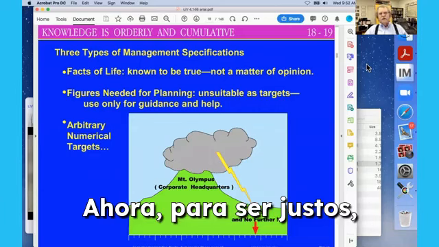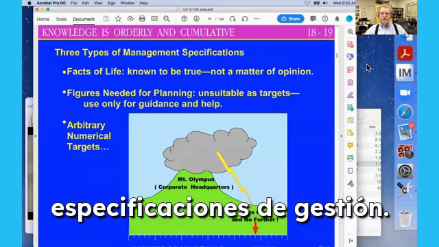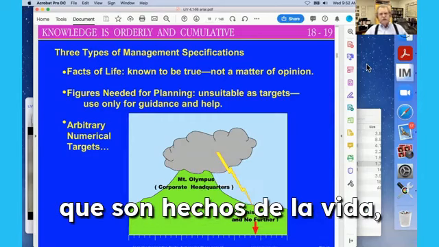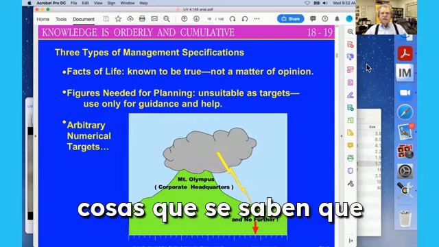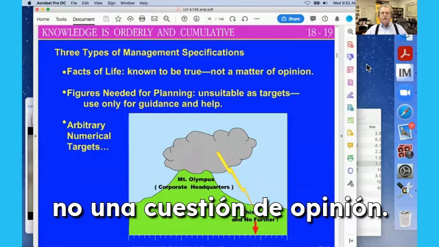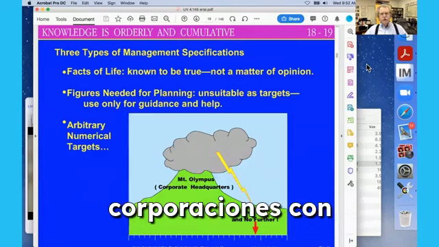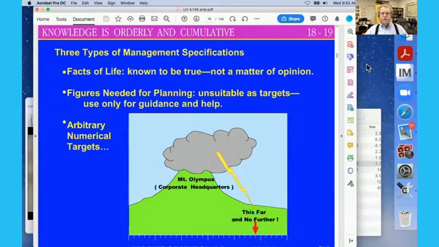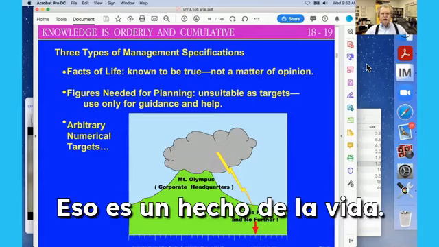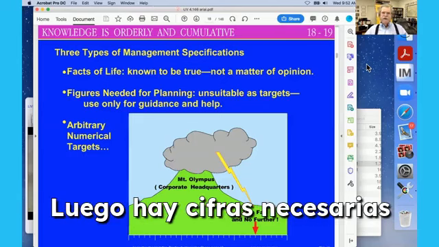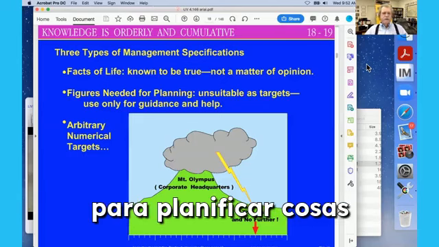Now, in all fairness, there are different types of management specifications. There are some specifications that are facts of life, things known to be true, not a matter of opinion. Many of you work in corporations that are for profit. And that's a fact of life. Then there are figures needed for planning, things like budgets.